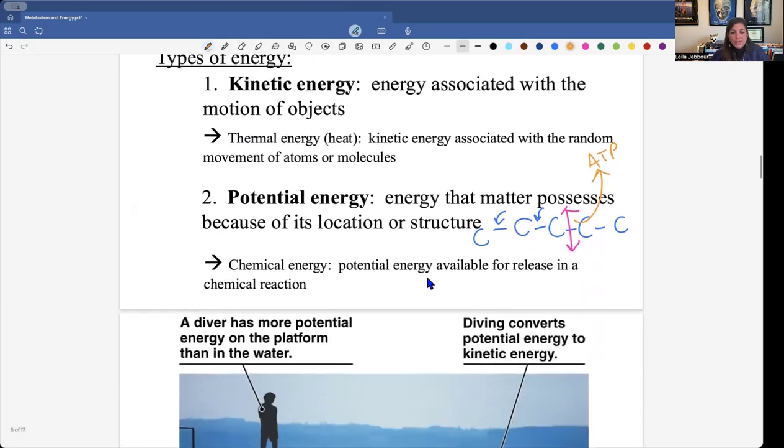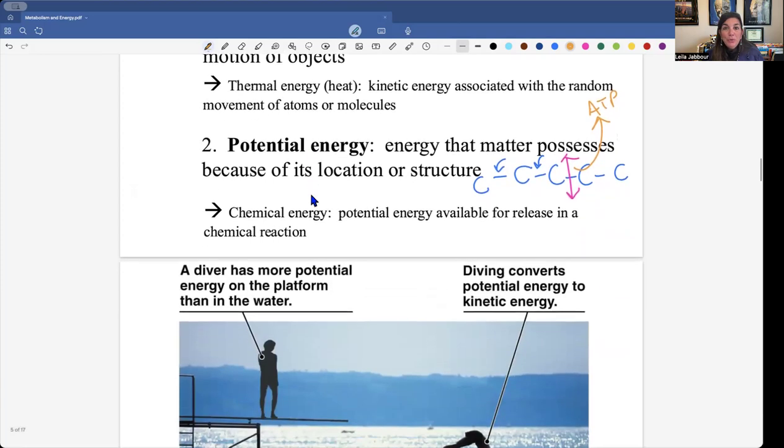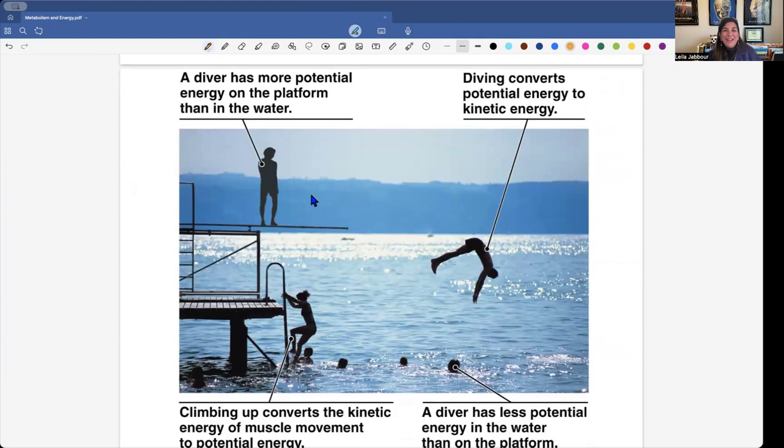All right, so let's talk about these energies by using one example, the example of a diver sitting at the edge of a dock and diving into the water of this really beautiful big lake, and then climbing back up and so forth. So a diver standing on a diving board has actually a lot of energy in him.